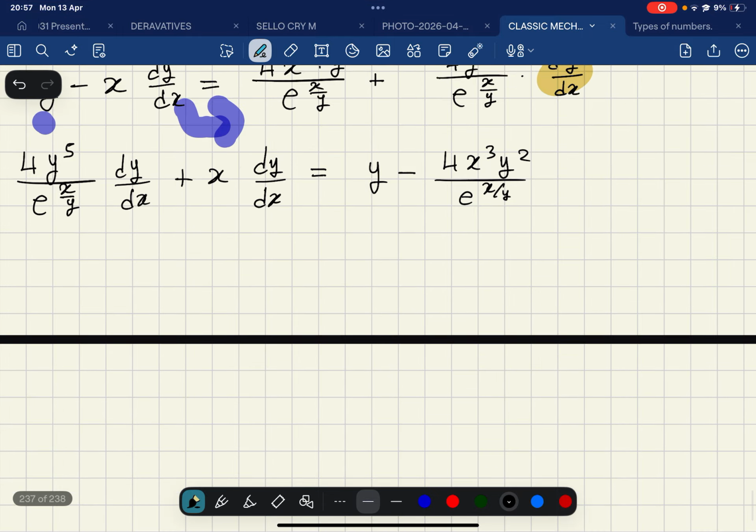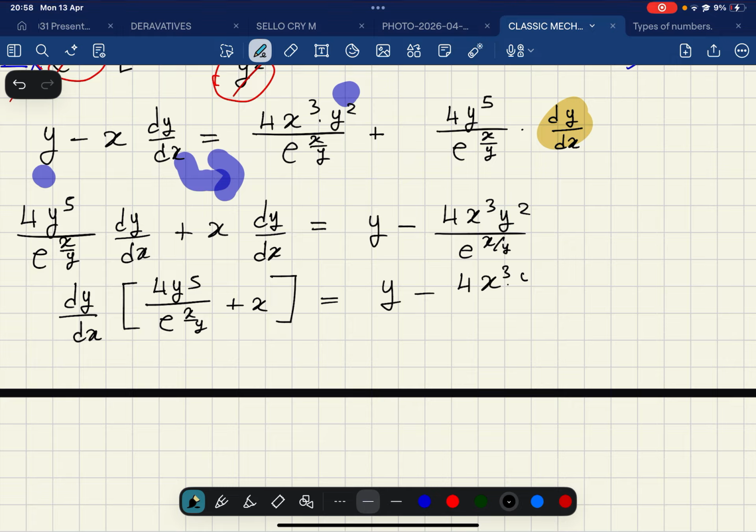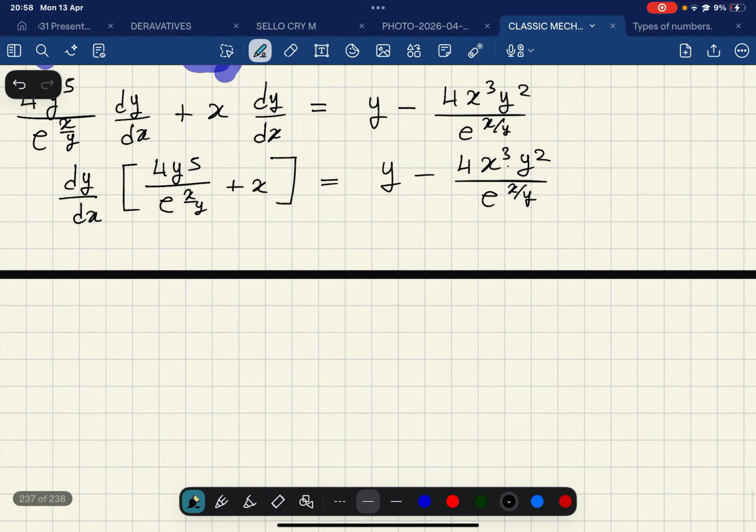Then from there I remove the common factor of everything there, which means I will have the dy over dx, all divided by 4y to the 5, all divided by e to the x over y plus x, which is equal to y minus 4x cube multiplied by y squared divided by e to the x over y. On both sides, I can do LCD.